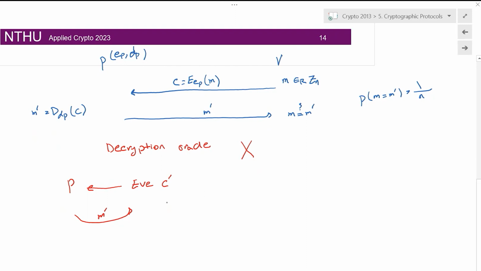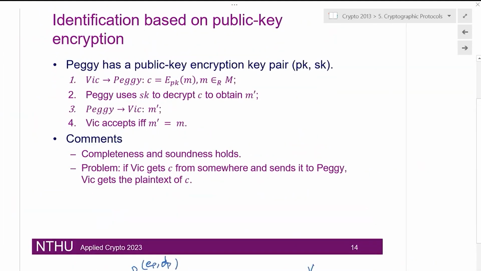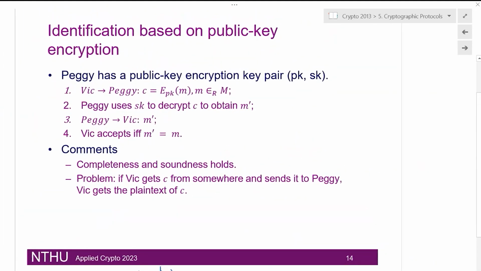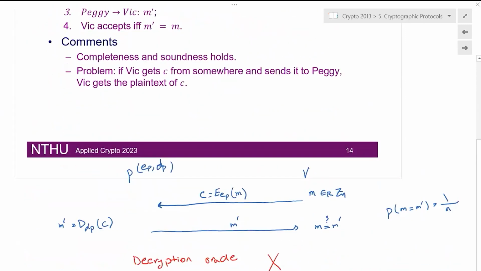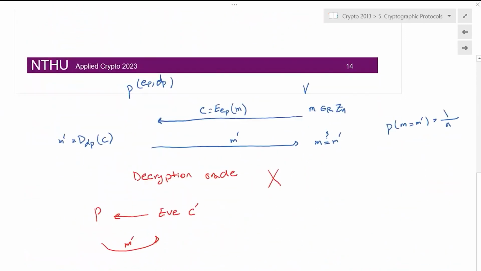So Eve would just play with Peggy and pretend to be a verifier, saying this is your challenge to solve. Peggy would decrypt it, and of course, Eve can recover all the encrypted messages that people would send to Peggy. So this is not such a good idea. Even though the algorithm works, we are causing another problem, deploying a decryption oracle, which we are not supposed to do.